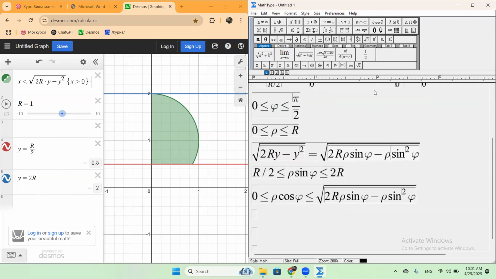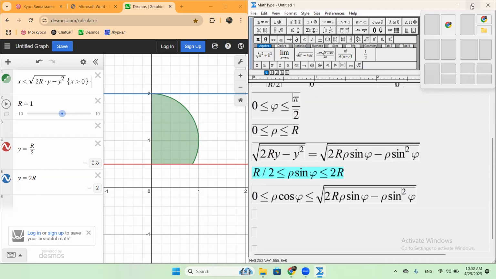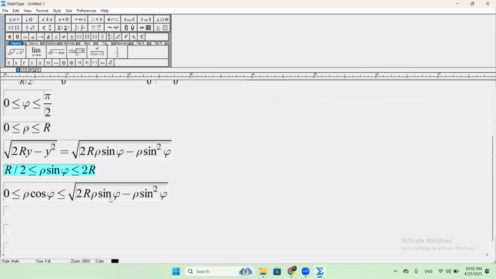Okay. So what do we know now about it? We can simplify this inequality a little bit. Let's start first of all with this inequality.